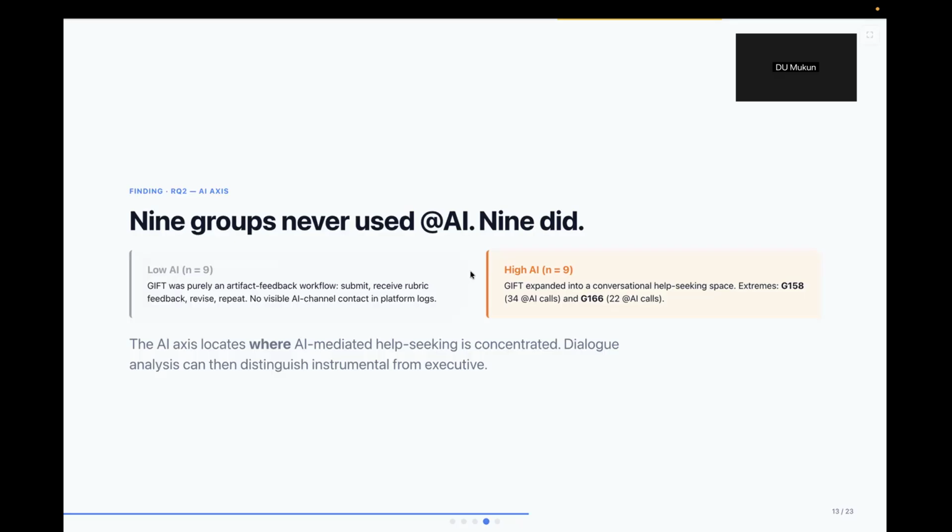And the AI axis locates where AI mediated help seeking is concentrated. Dialogue analysis can then distinguish instrumental from executive. So instrumental message and executive message, they are two different kinds of AI help seeking message.